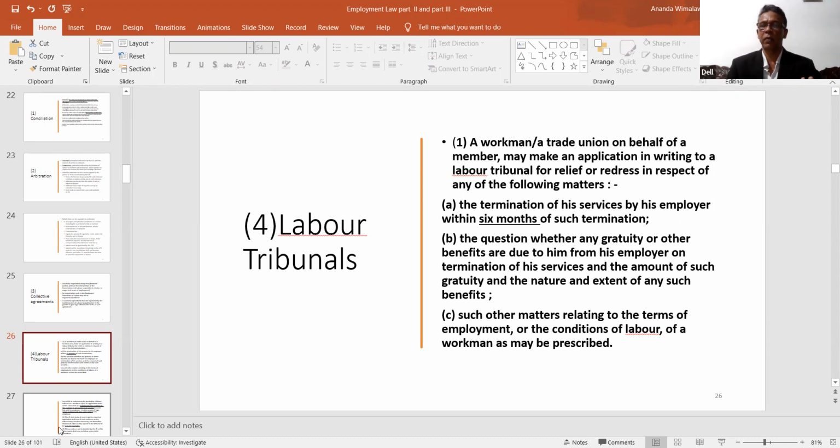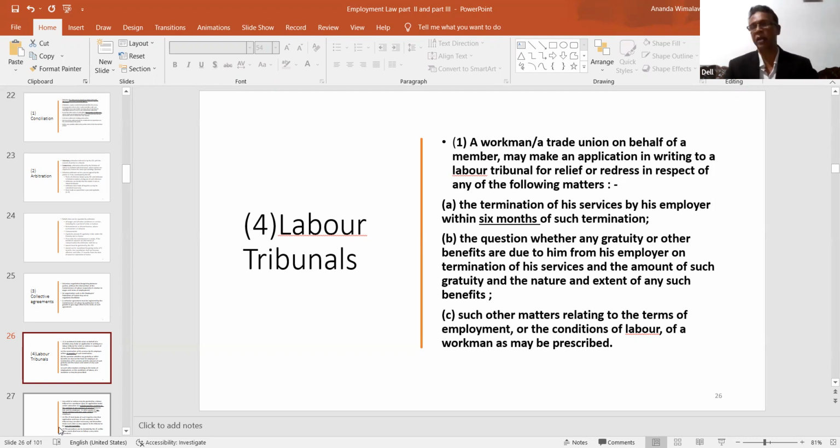Remember, according to the provision of the Industrial Dispute Act, if your employment is terminated by your employer, within a 6-month period from the date of such termination, you should make an application to the labor tribunal.